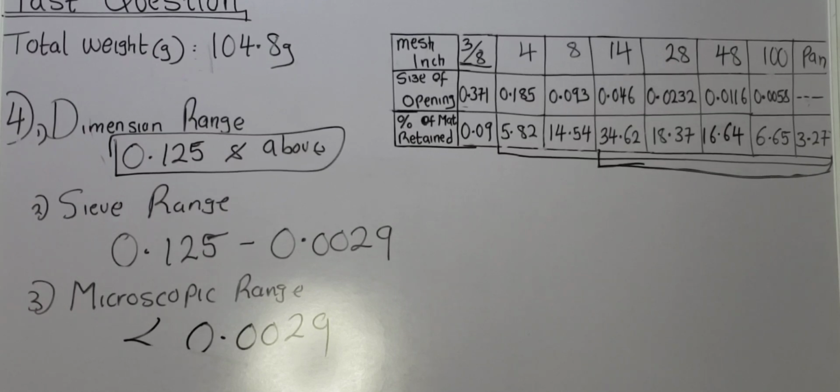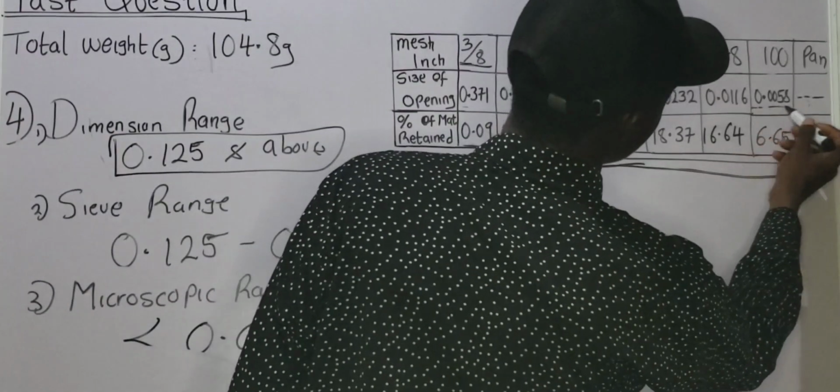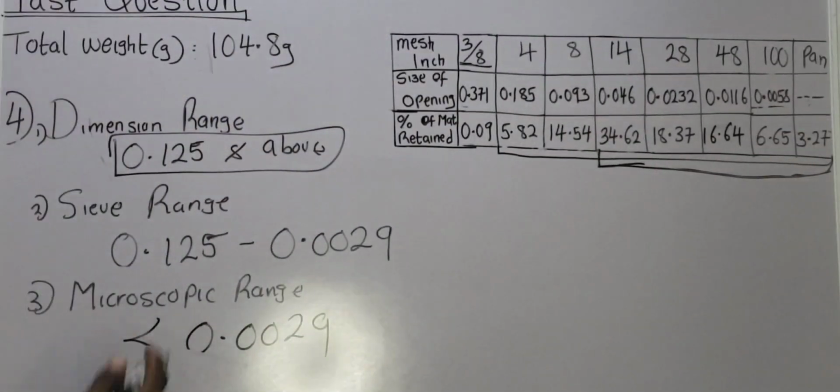Now I will tell you how I got that. You know that the size of opening of mesh 100 is what? 0.0058. You can see the size of opening of mesh 100 is 0.0058, and we know that the size of opening tells us the type of material that can pass through a mesh.